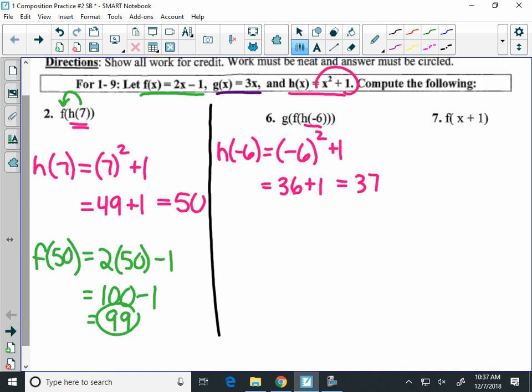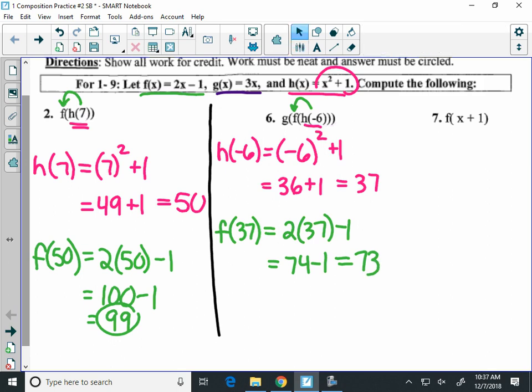Now that 37 is going to go into the function directly to the left, which is f. So now you need to find f of 37. Well, f of 37 takes 2 times 37 minus 1. Right, 2 times 37 is 74. 74 minus 1, which is 73.